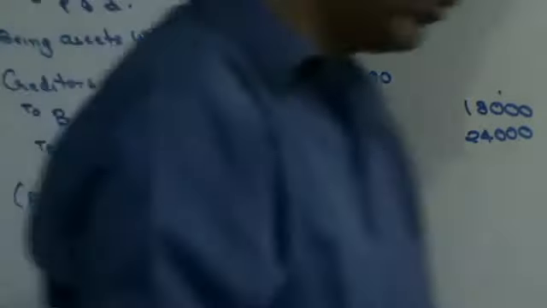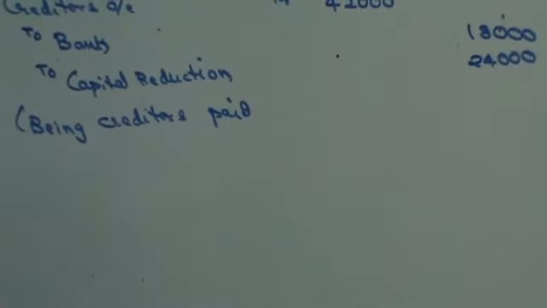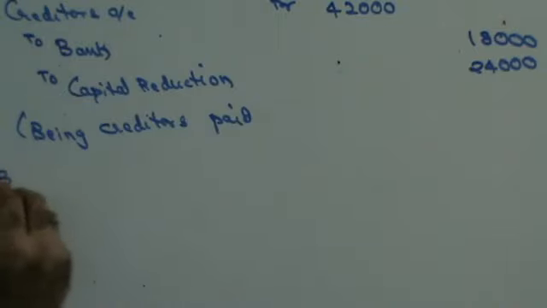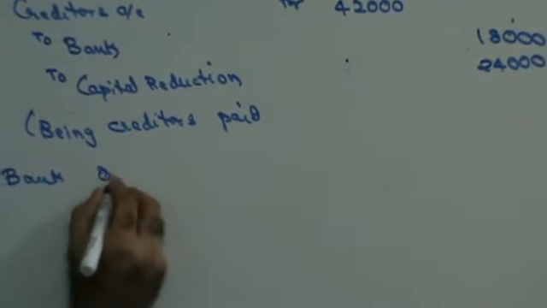Next, investments are to be taken over by the bank in full settlement of the overdraft balance. Now, debit the receiver. Overdraft is the receiver. So, bank overdraft account debit.